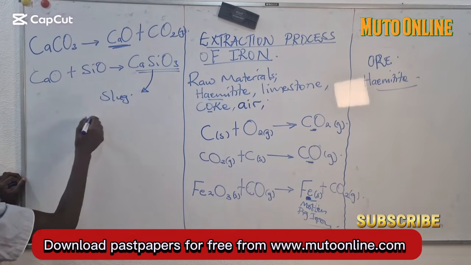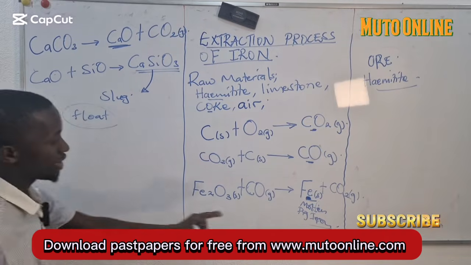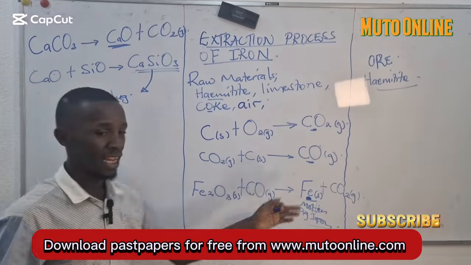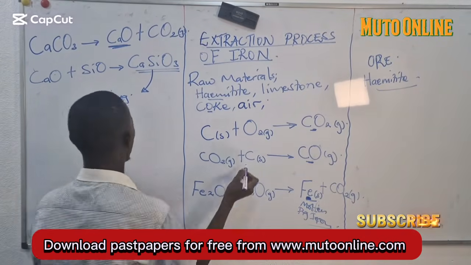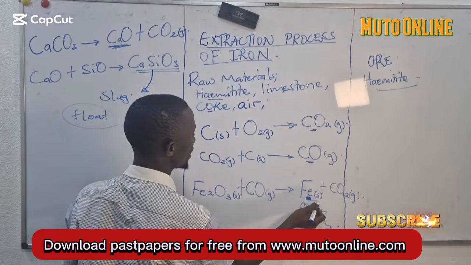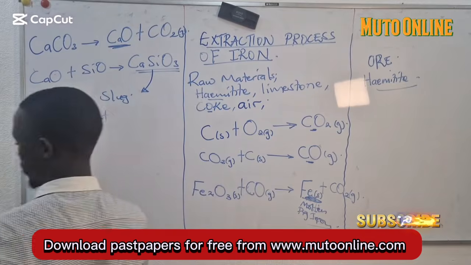It is a light waste that will float on the formed pig iron, the molten iron. So we are seeing that we are now separating the impurity silicon dioxide from the required product, which is iron.